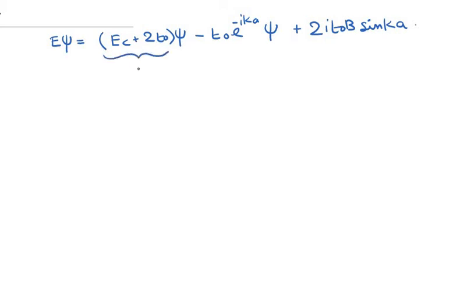As I stated, this term is H, this term is sigma, which is also known as the self energy, and this term is S, which is also known as the source term.